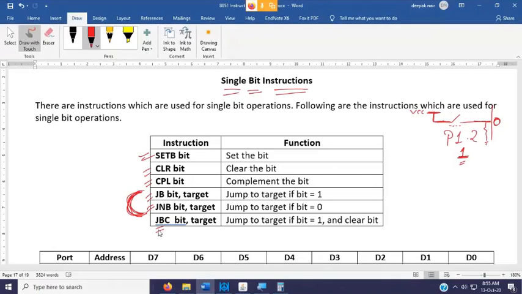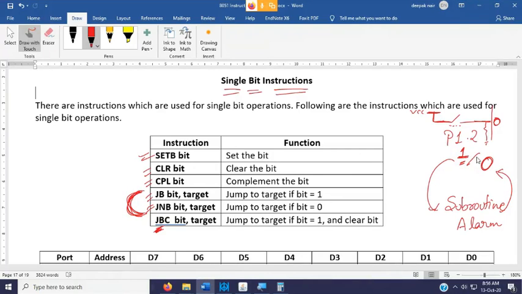In that case, you can use this instruction also. Jump the bit if the bit is high. If the bit is high, go to a subroutine for alarm. Jump to that particular subroutine, but before jumping, make this particular bit 0. Otherwise, this will keep on going back and forth and making the alarm high.